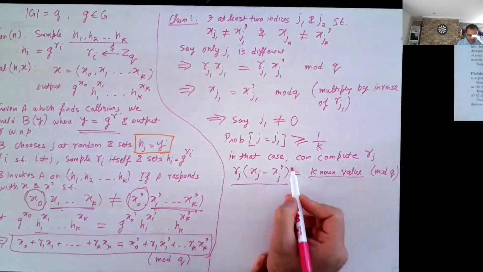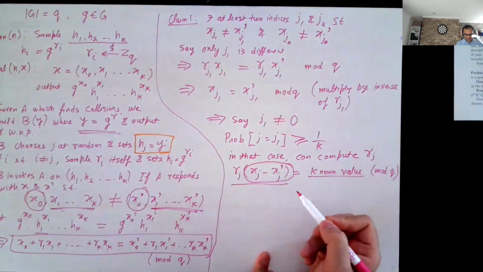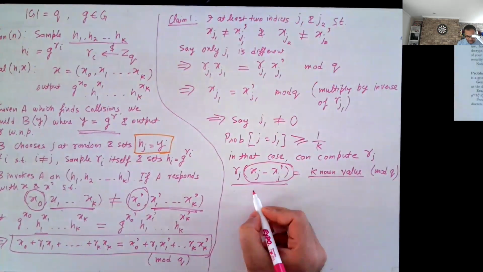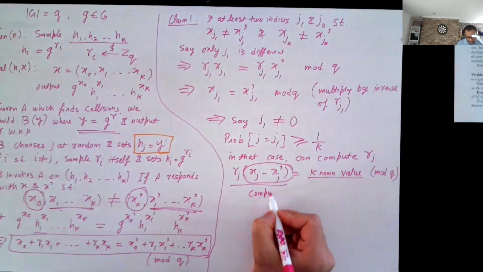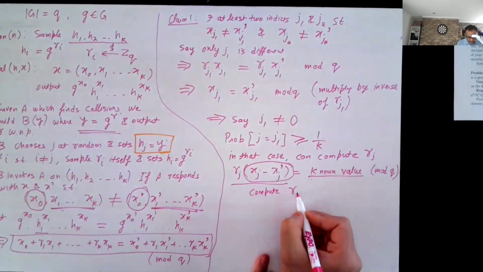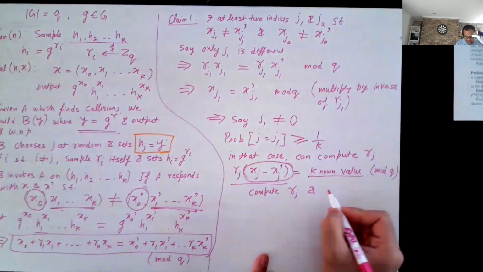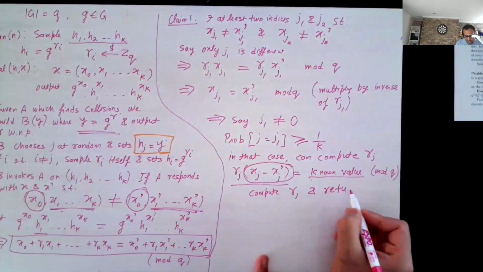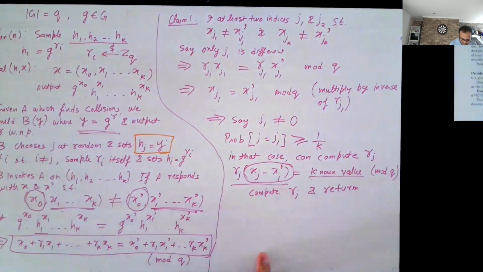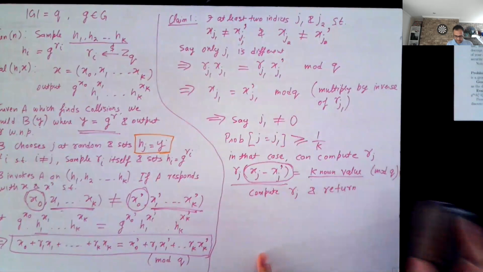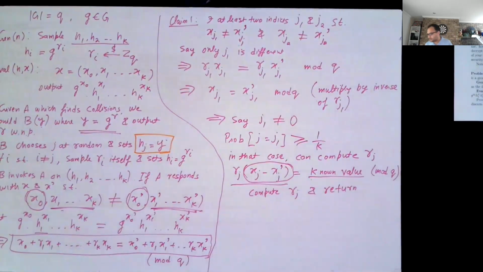And now I have the fact that this is non-zero. So then I can compute Rj, and this is what my output would be. This would be the discrete log of y. And that's it.